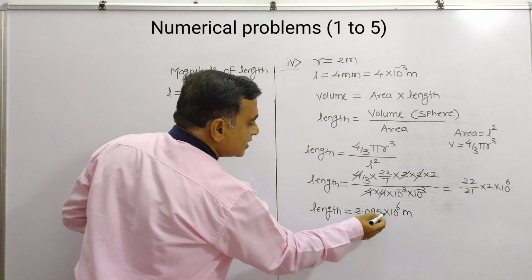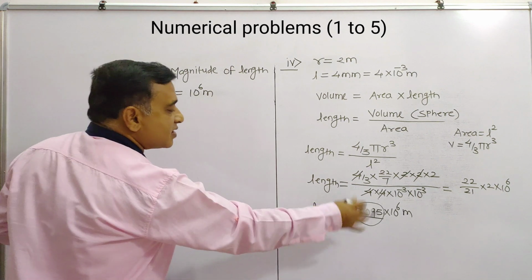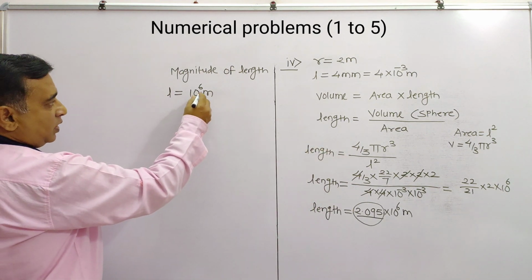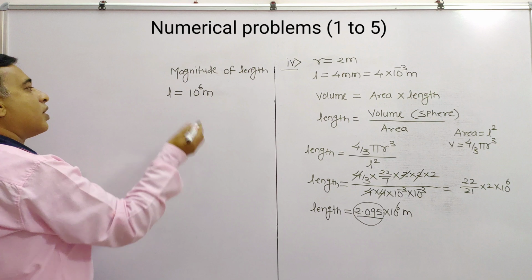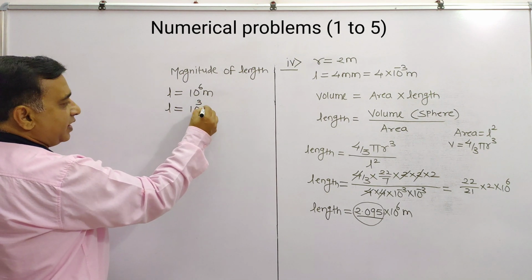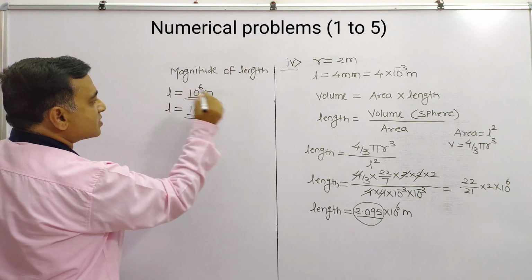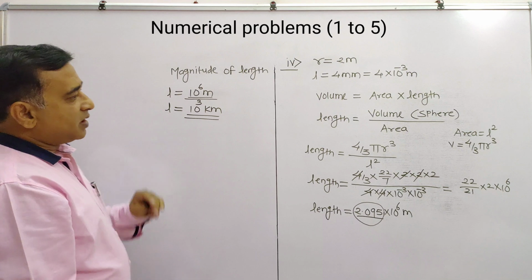So neglecting this term, if it is less than 5, according to the rule, it is neglected. So here it is 10 raised to power 6, or we say 10 raised to power 3 kilometer. These are the two answers which are expected.